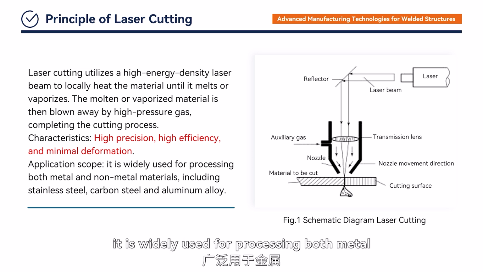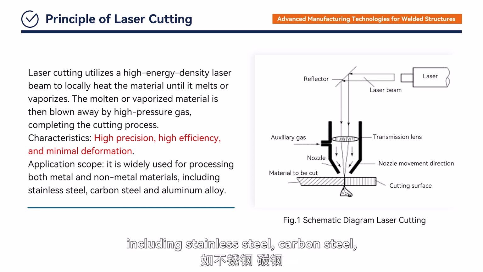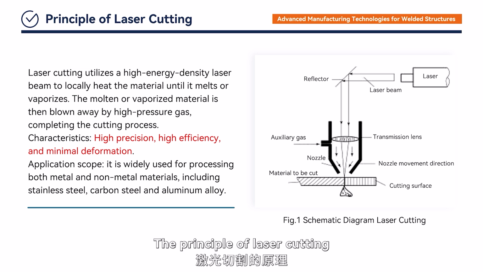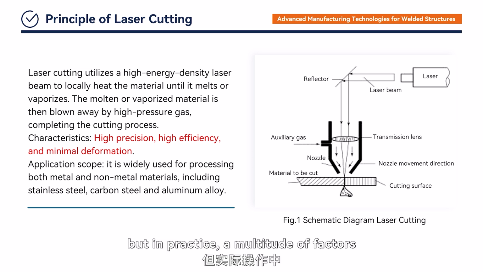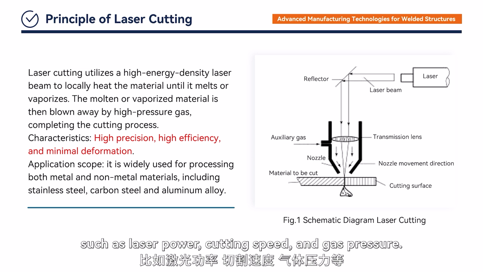Application scope: it is widely used for processing both metal and non-metal materials, including stainless steel, carbon steel, aluminum alloy, plastic, wood, and glass. The principle of laser cutting may seem straightforward, but in practice, a multitude of factors need to be considered comprehensively, such as laser power, cutting speed, and gas pressure.